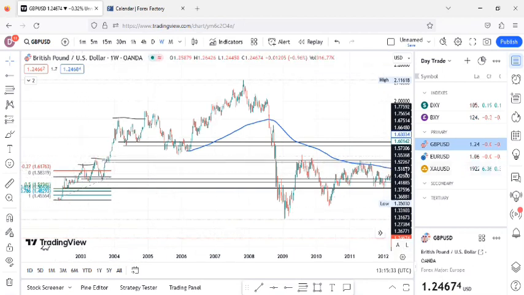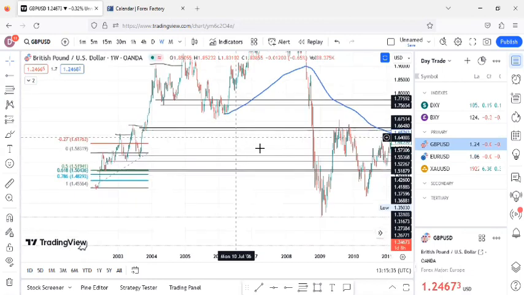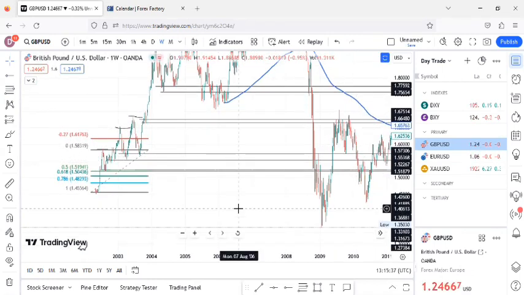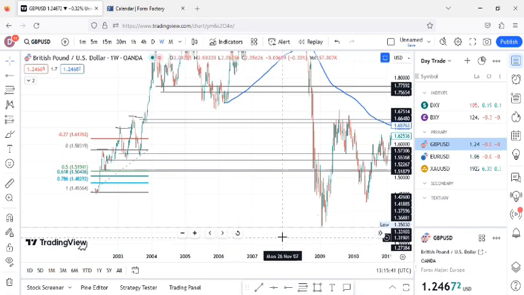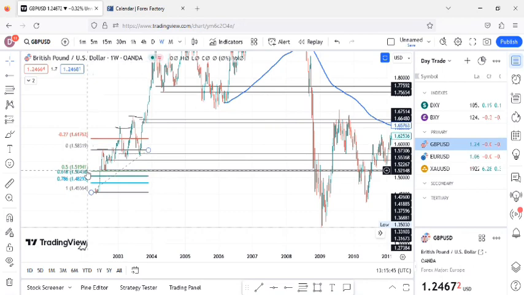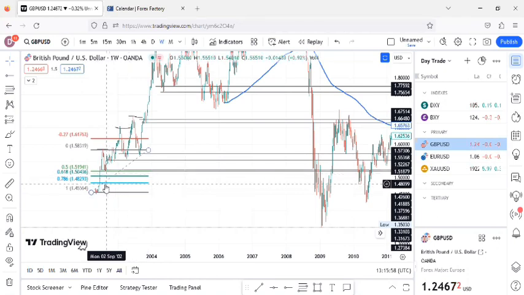There are some levels on Fibonacci that you consider strong levels you need to watch, and they are the 50% level, 61.8%, then 78.6%. Those are the three levels.